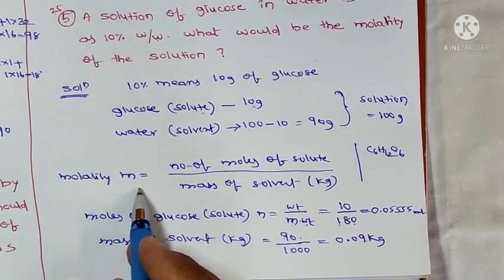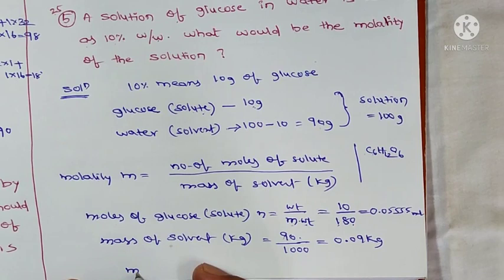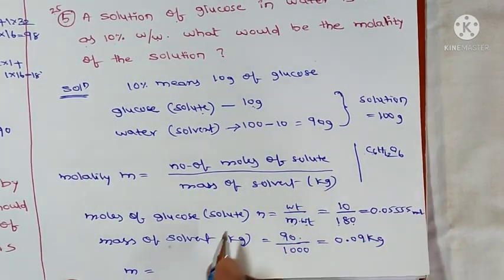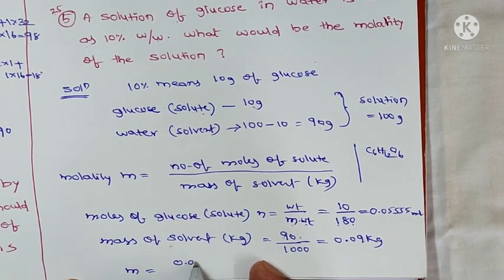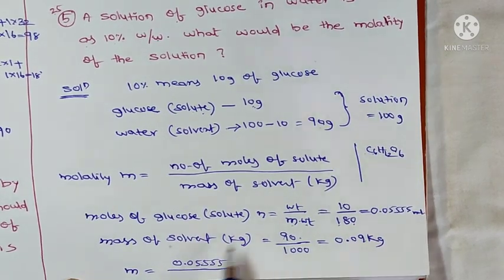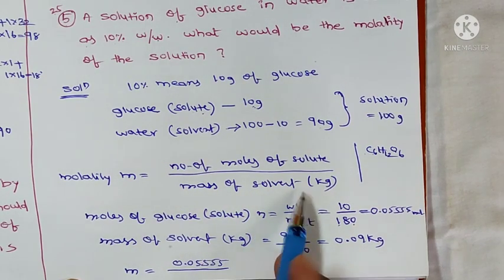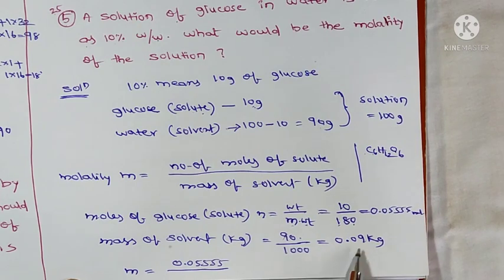So here molality m is equal to number of moles of solute, 0.05555, divided by mass of solvent in kg, 0.09 kg.